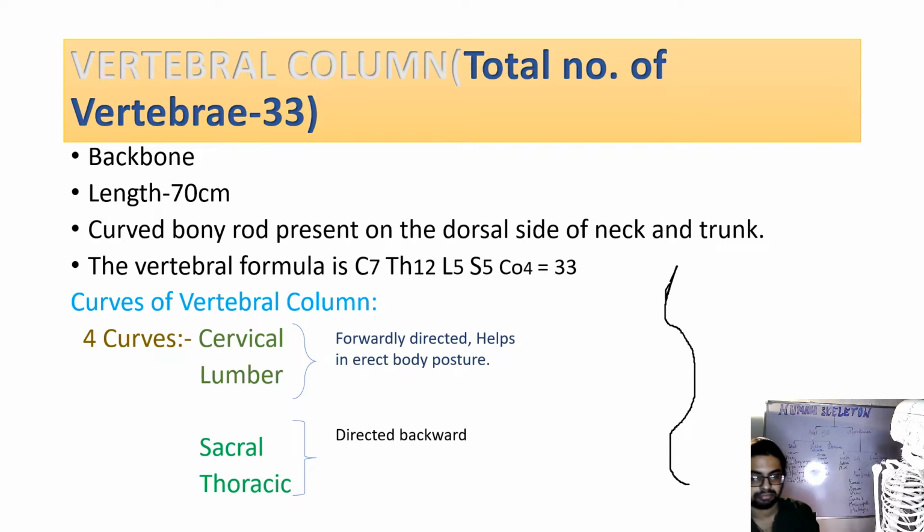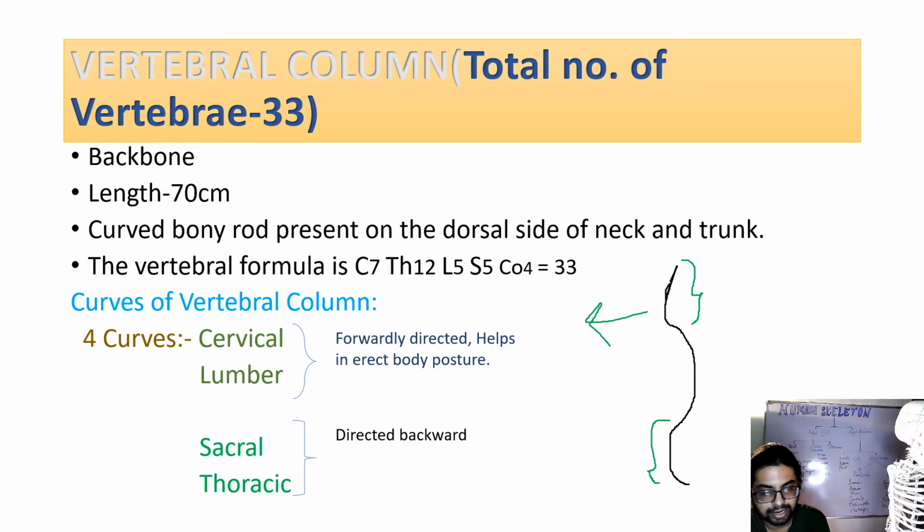If you see this model, it looks straight, but actually it is this type. So 4 curves: this cervical and lumbar, these are forwardly directed and help in erect body posture, that is straight body posture.